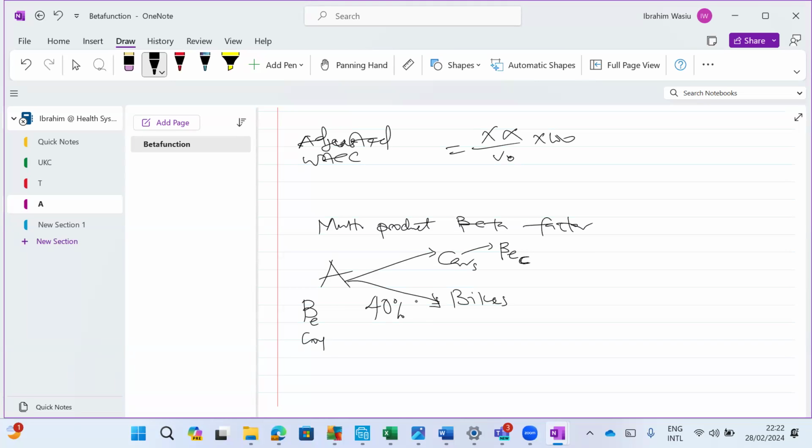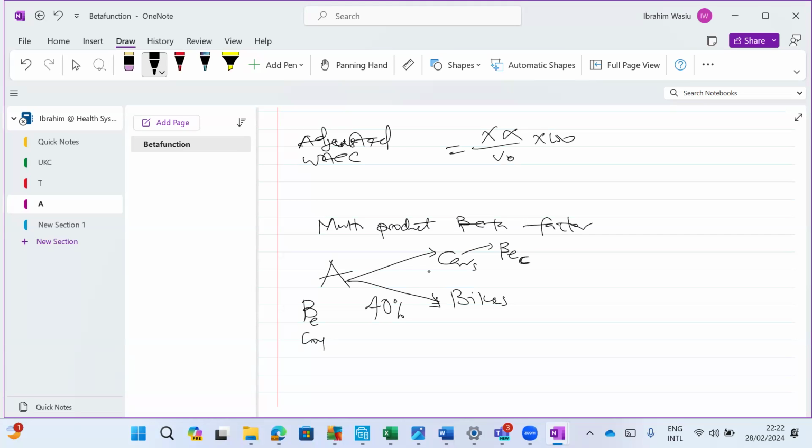Okay, so look at what's happened. We have the beta of the company, we have the percentage invested in the bikes business, which is 40%. So if I invested 40% in bikes, how many percent will I invest in cars? That's 60, right? 60%. Yeah.